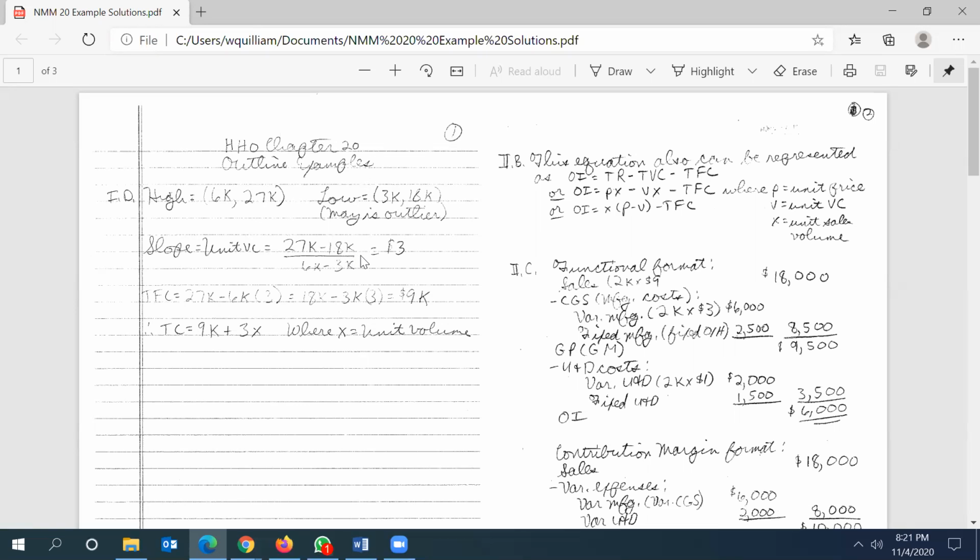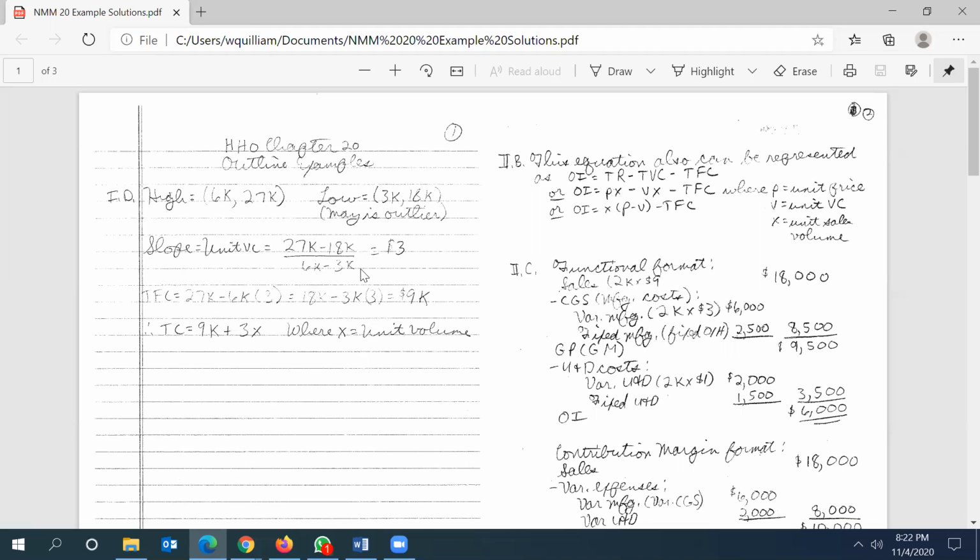So that is a rise of $9,000 if we subtract. The run, or difference in the x-axis, run being horizontal, well, we have 6,000 minus 3,000. So up top, we have $9,000.